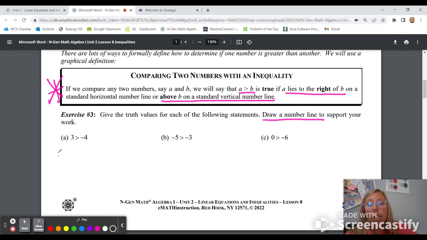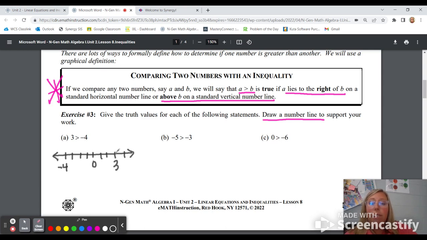So let's just start by drawing a number line. Again, a number further to the right is going to be the one with the greater value. So if I put 0 in the middle, 1, 2, 3, 4, 1, 2, 3, 4. Of course, these are going to be your negative numbers to the left, and then to the right would be your positive numbers. -4 is over here, 4 spaces to the left of 0, and then 3 is 3 spaces to the right of 0.